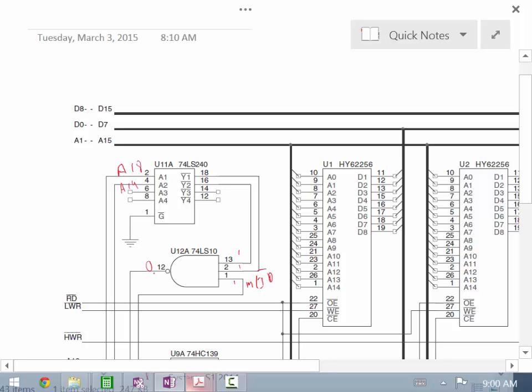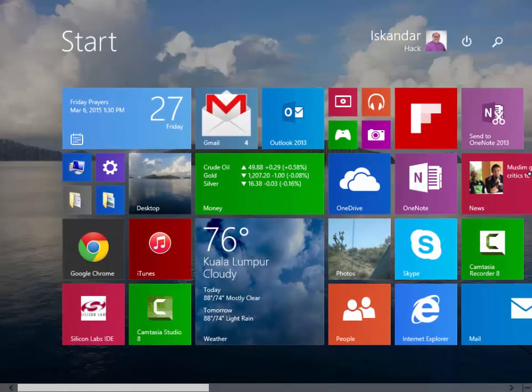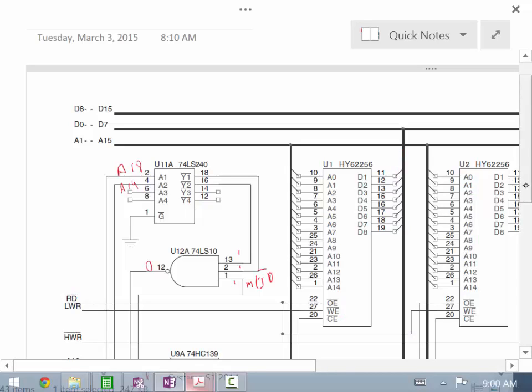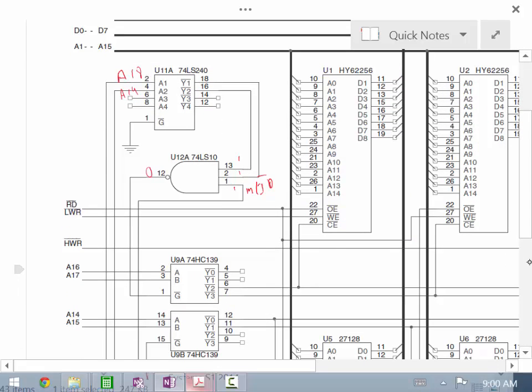So that tells me that this chip is only selected when A18 and A19 are high, the upper two bits of the address.